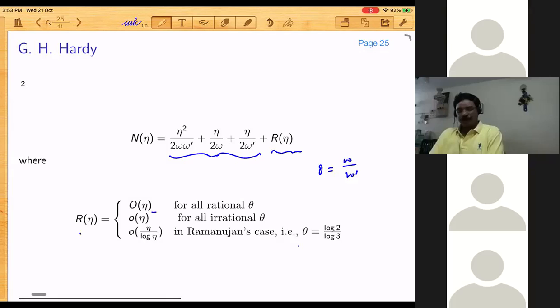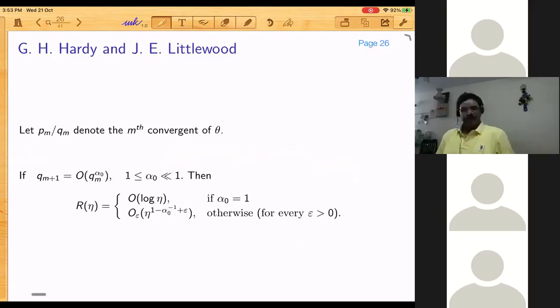Okay. And later, Hardy and Littlewood found a much better error. Namely, theta is irrational. So look at the continued fraction expansion of theta.